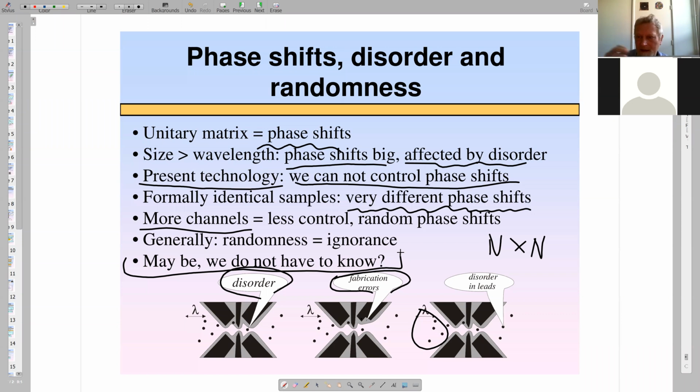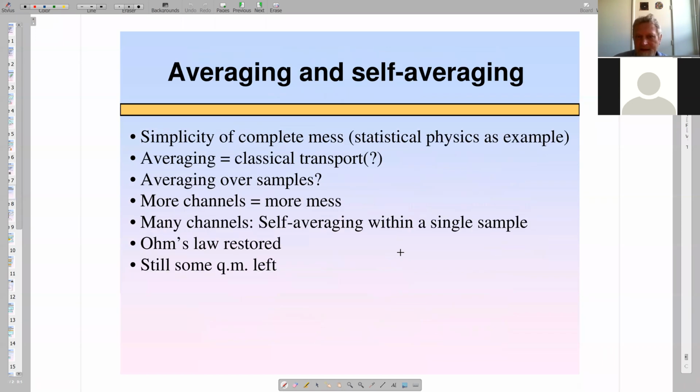To fix the situation, let me take an analogy from another area, statistical physics, which actually shows that when it becomes really messy, it also becomes simple. Think of gas molecules in a room. So zillions of them, every molecule has 3 coordinates and 3 values of momentum.